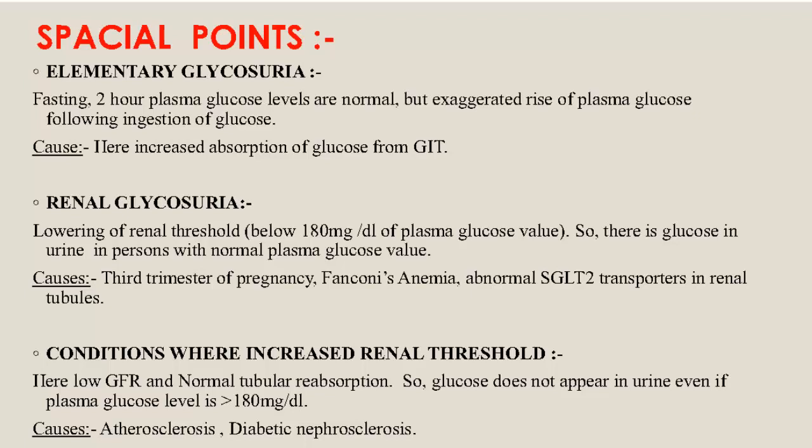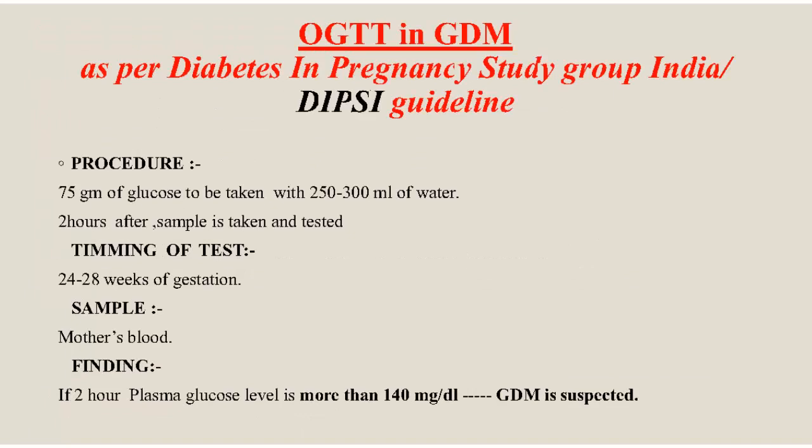Now the next slide is OGTT in GDM. The full form of GDM is gestational diabetes mellitus. Now OGTT in GDM is done as per DIPSI guidelines in India. What's the full form of DIPSI? It is very important. The full form of DIPSI is Diabetes in Pregnancy Study Group India.